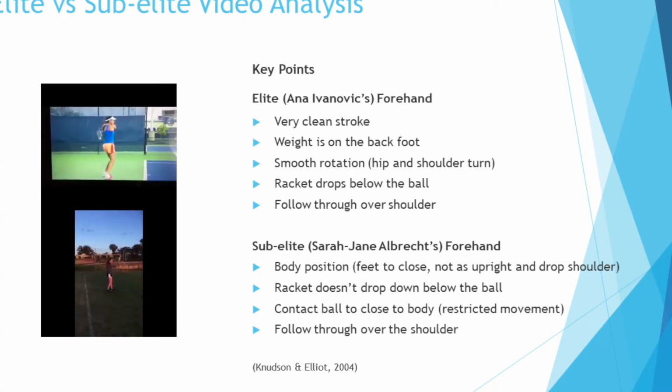I'm contacting the ball not quite at the right height, and then I'm too close to the ball, so it's restricting my movement. I drop my shoulder, and my follow through is pretty good. So that's the biomechanical analysis of the forehand ground stroke.